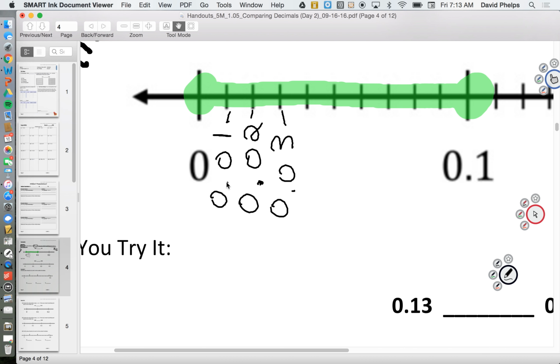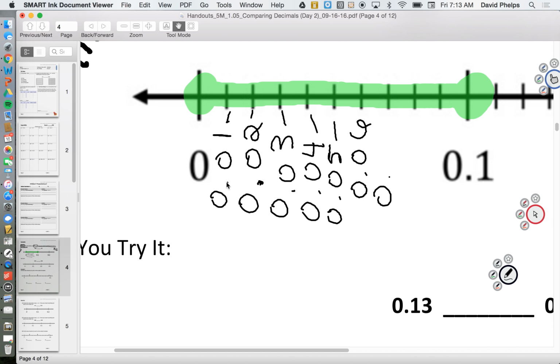I'm just going to put the line so you know which one I'm looking at. 0 and 4/10. Continuing this pattern on your paper. 0 and 5/10. 0 and 6/10. 0 and 7/10. We're getting close. 0 and 8/10. And then this last one is 0 and 9/10. So each one of those spaces is worth 1/100th of a value.